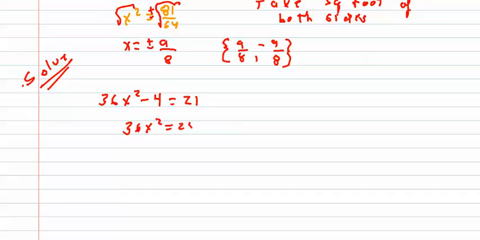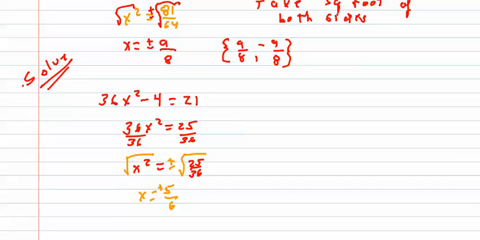And we divide by 36, divide by 36. And then we have x squared equals 25/36. And we square root both sides. Square root, plus minus, x equals square root of 25 is 5, square root of 36 is 6, and our plus minus goes here. And we're done.